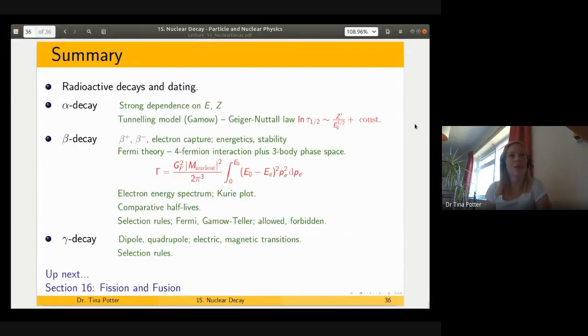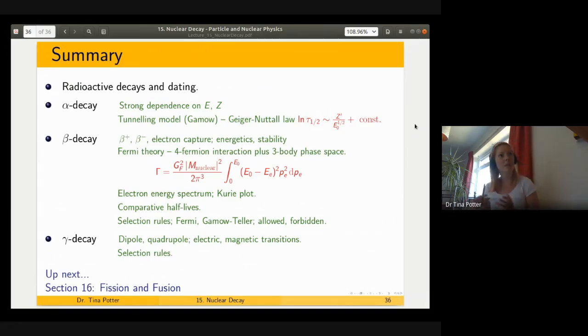Okay, so to summarize this long lecture that I usually take 2 hours to do, and I hope we're roughly within 2 hours, we had a quick look at radioactive decays and dating. So we had a look at how we can date rocks, and how we could date organic matter as well. And then we started to dig into how we can explain what we see with alpha, beta, and gamma decay.